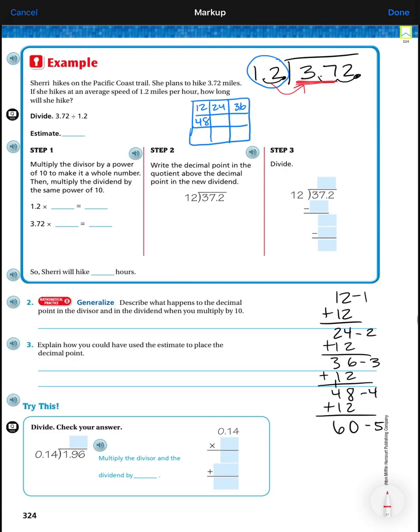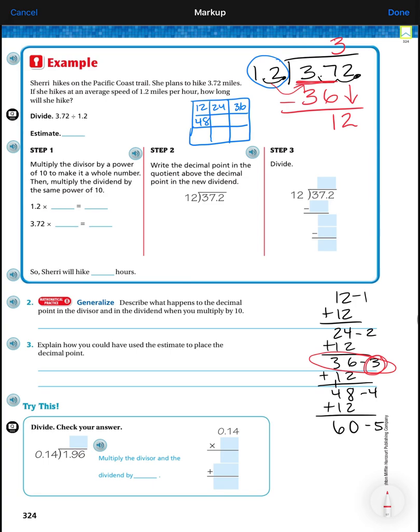So I go to my list over here and I see 36 here. 36 is pretty close to 37 and it doesn't go over. So I know it fits 3 times. So I'm going to place my 3. 3 times 12 is 36 and we subtract. That's just 0, bring down the 2.